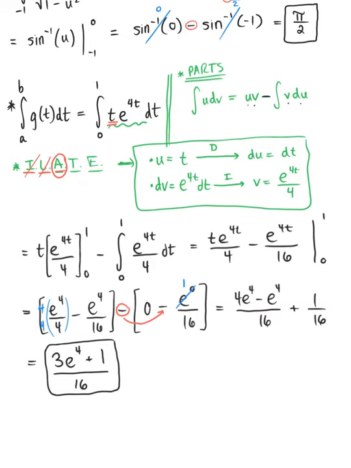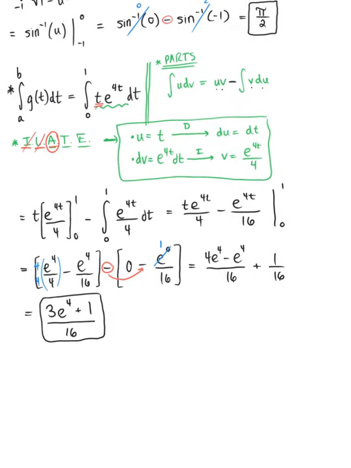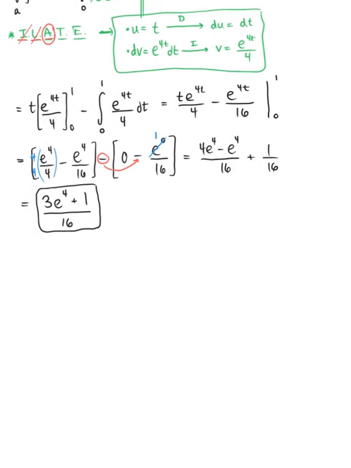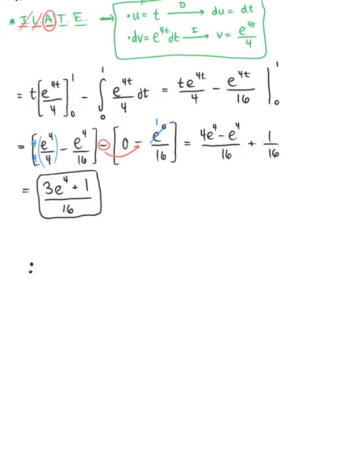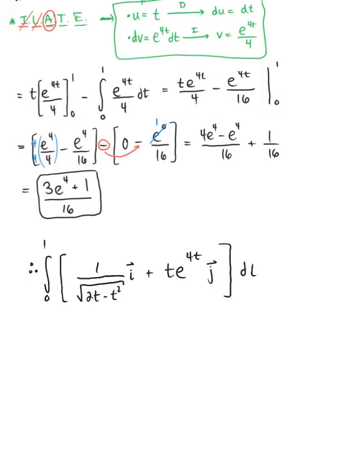That's a great example. Lots of review there. But we're not done. We've got to plug this back in. So giving ourselves plenty of room. All right, so at the beginning, we were given the definite integral from 0 to 1 of 1 divided by the square root of 2t minus t squared i hat plus t times the natural exponential raised to the 4t j hat dt.